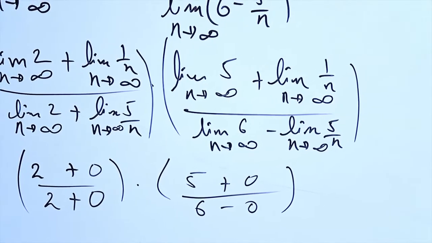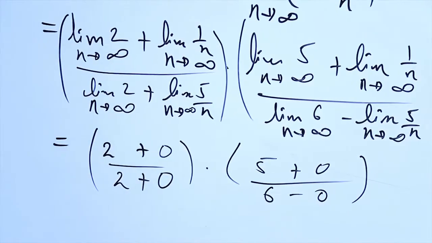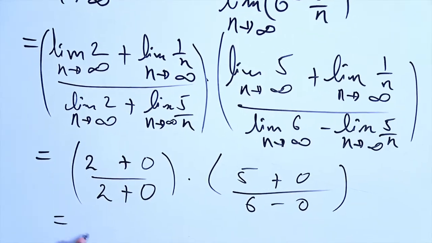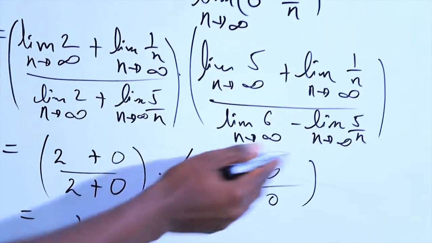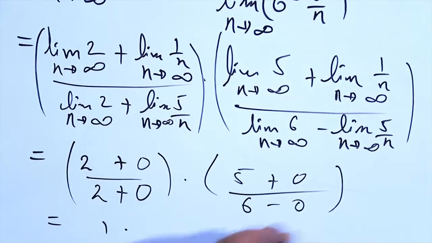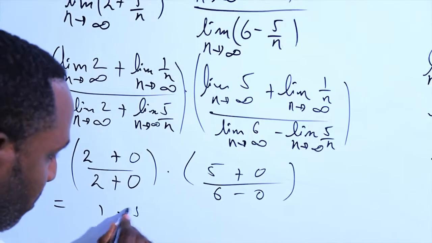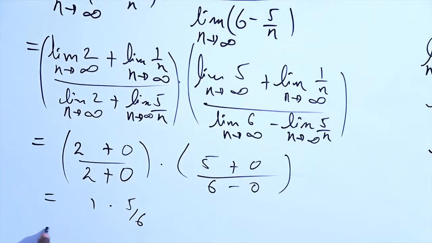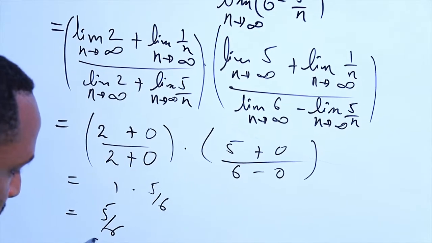Therefore, when we simplify, 2 plus 0 is 2, 2 plus 0 is 2, 2 over 2 is 1. So it is equal to 1 times 5 plus 0 over 6 minus 0, which is simply 5 over 6. So 1 times 5 over 6, the result is 5 over 6.